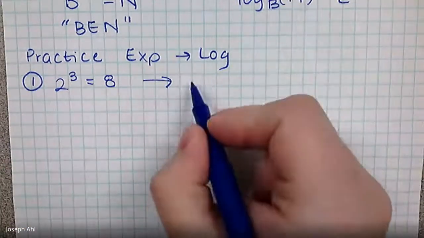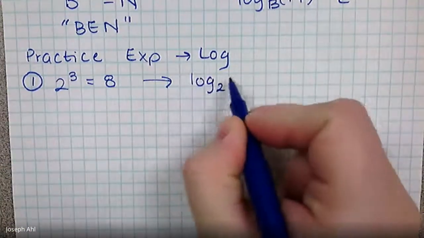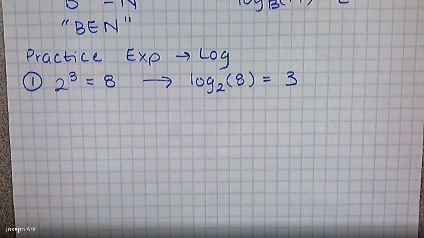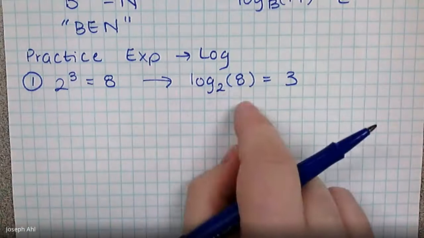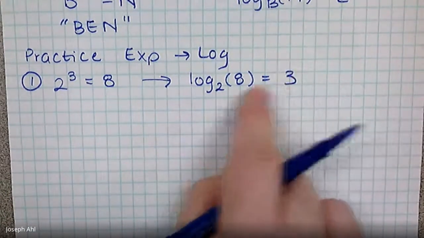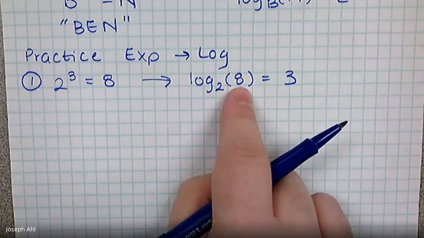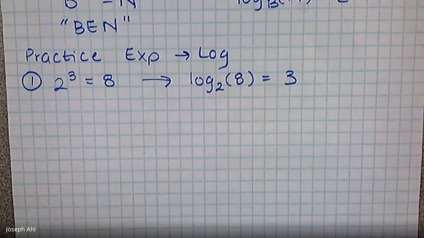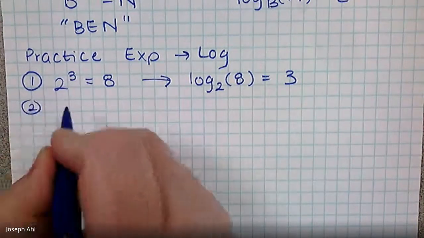To convert to log form, it's going to be log base 2 of the number 8 equals 3. The way we evaluate logs is we're saying 2 to what power would equal the argument on the inside, which is 8 there. So 2 to the third power is what we would do to get 8 in that instance.